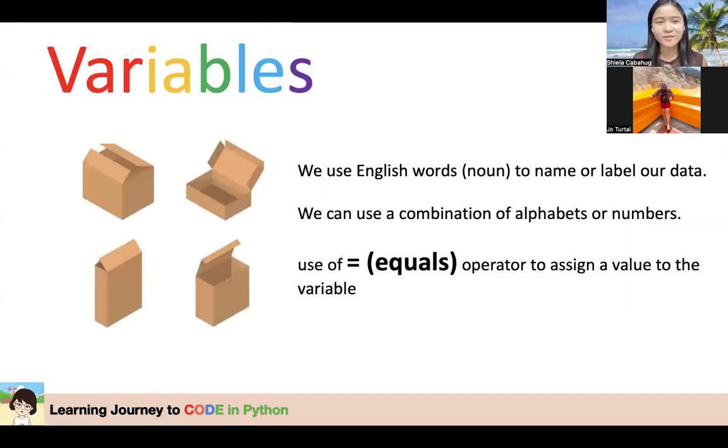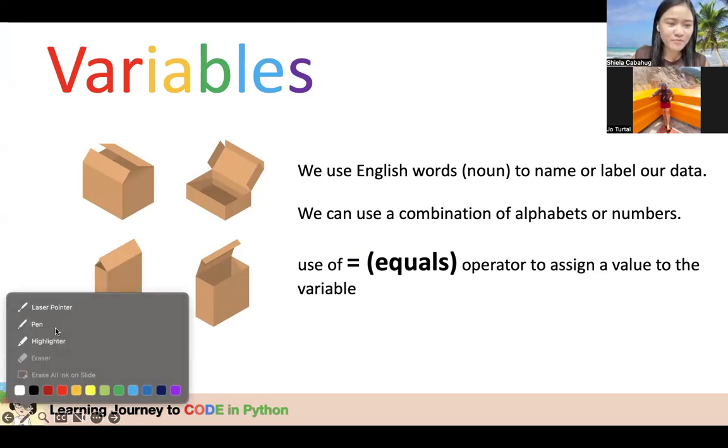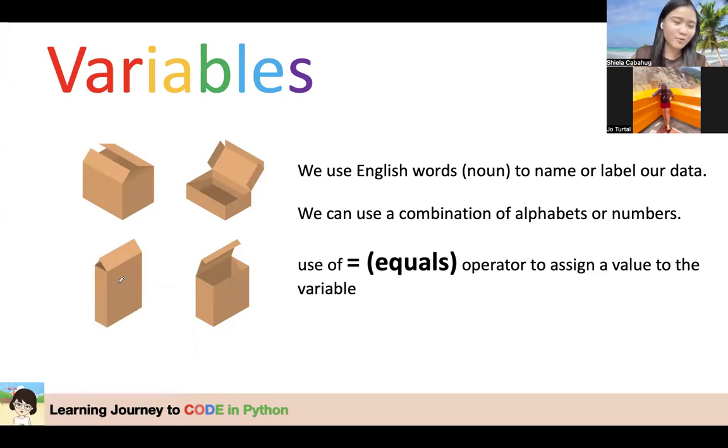Think of them as containers or boxes. And usually these boxes will have to fit a certain type of object. We can only fit a certain type of objects in these boxes, so they cannot be the same all the time.